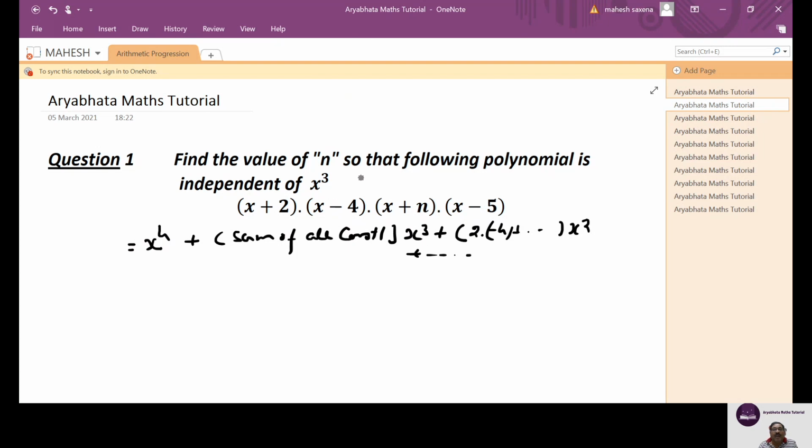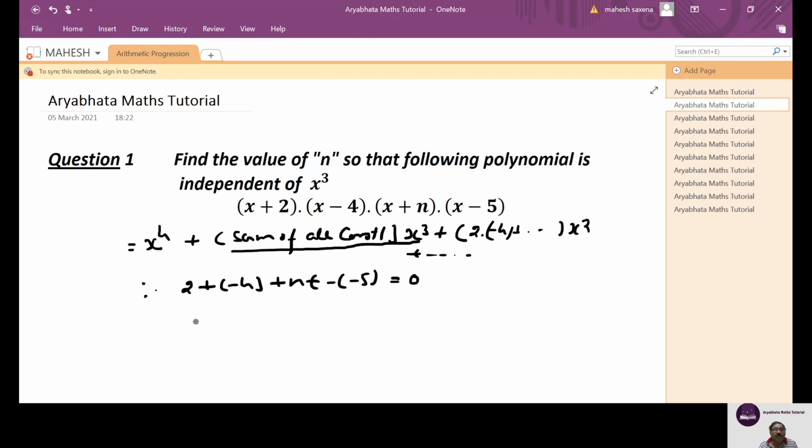In the question, we have asked that the term should be independent of x cubed. Therefore, this term should not be in the product. It is possible only when the sum of constants is 0. Therefore, 2 plus minus 4 plus n plus minus 5 should be 0.